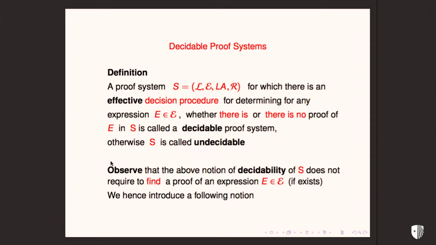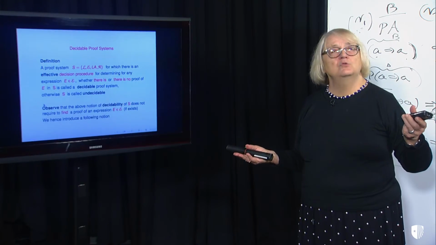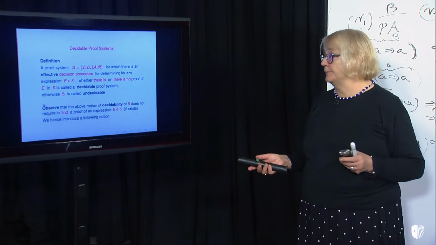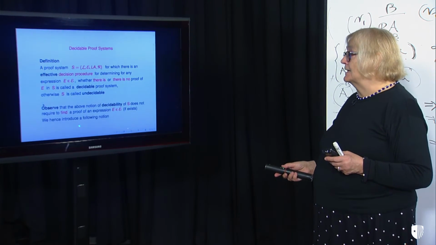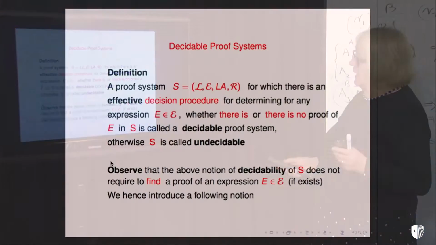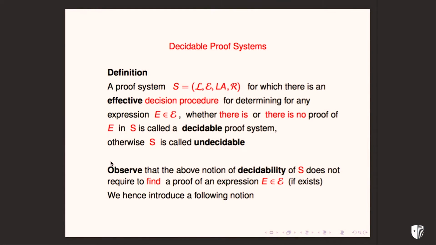So this is not about finding the proof, but can you somehow decide there is a proof or not a proof. But this decidability does not require finding the proof. It just requires some decision.